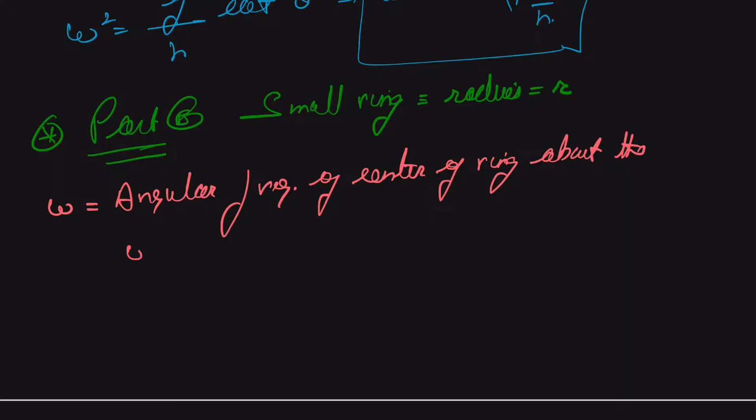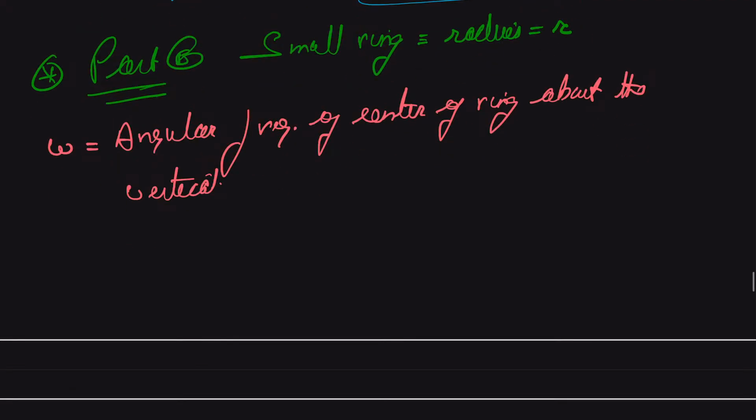And capital omega, because there is friction, the ring will also be rotating about its own axis.